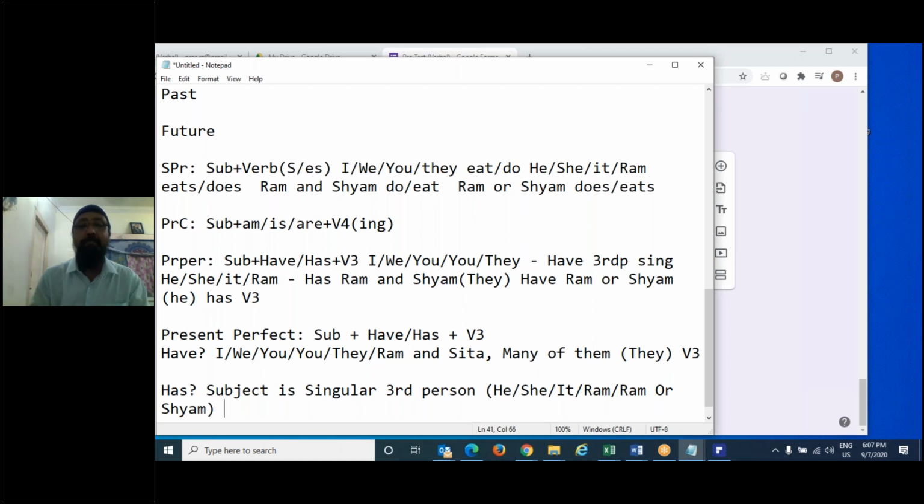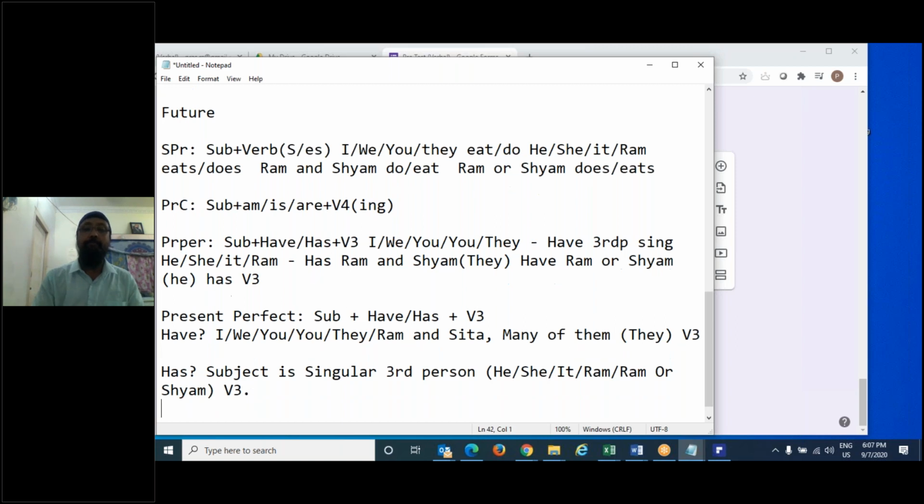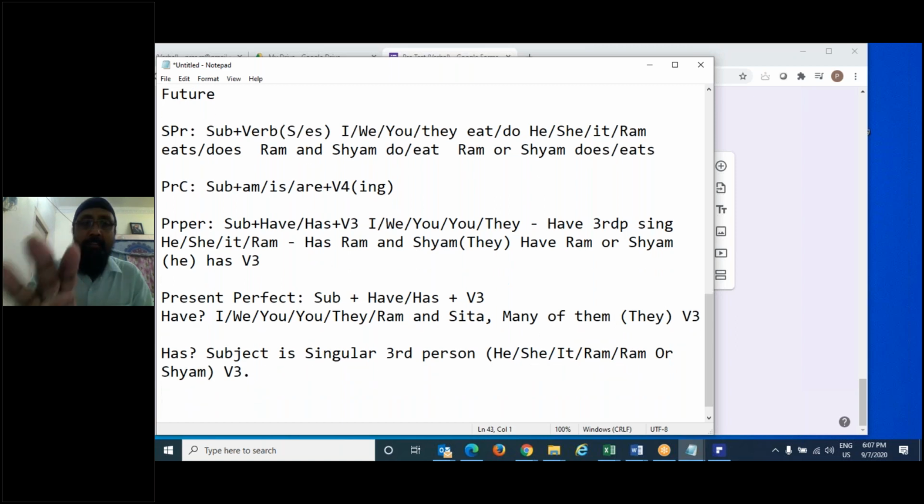So has is to be followed after these, and the verb form will be V3. Okay, so you can keep this in mind, so that we will not get any kind of hesitation on the use of have or has. Right, let's move on to present perfect continuous.